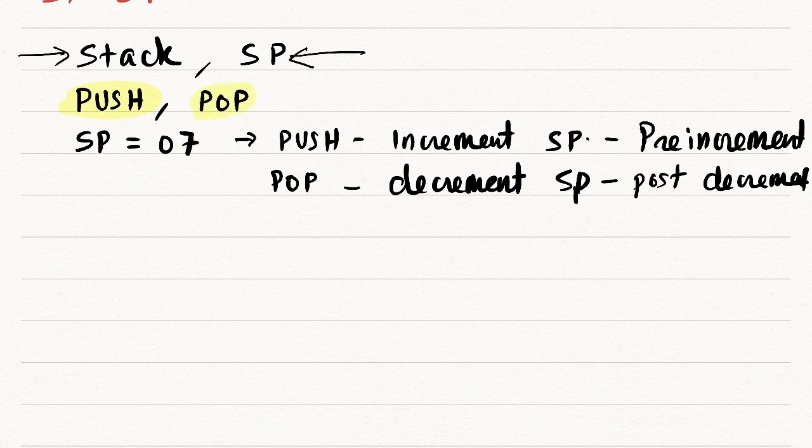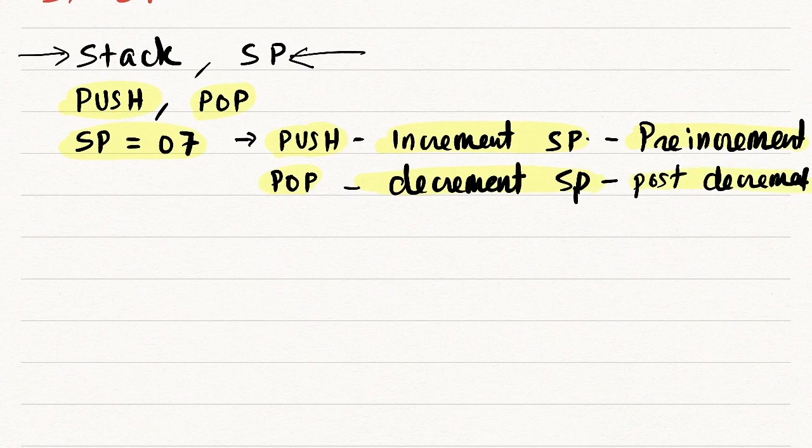Also, we have seen the default value of the stack pointer, which is 07, and we have seen that the push instruction is preceded by an incrementing of the stack pointer, which we call pre-incrementing, and the pop instruction is followed by a decrement of the stack pointer. We call it post-decrement.